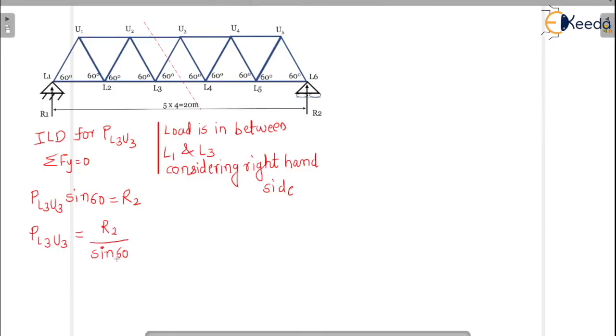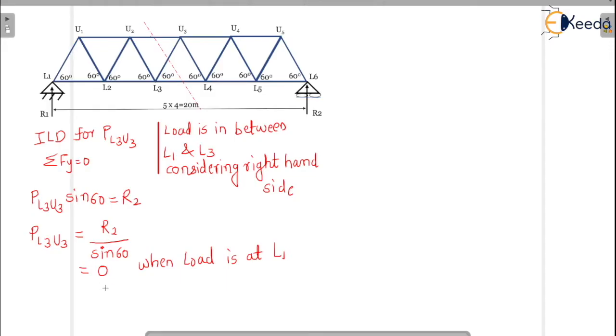When we solve it, we are getting 0, because the load is acting on this side. So when the load is at L1, we get 0.